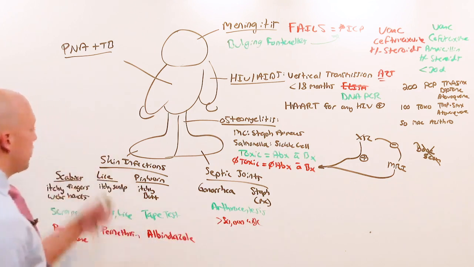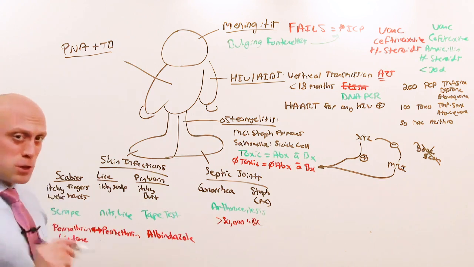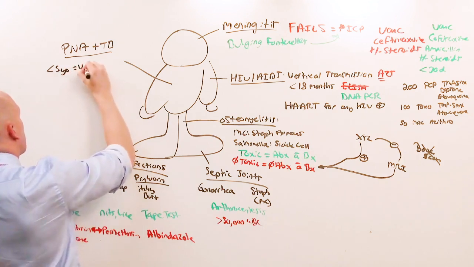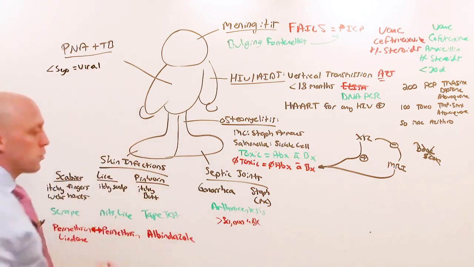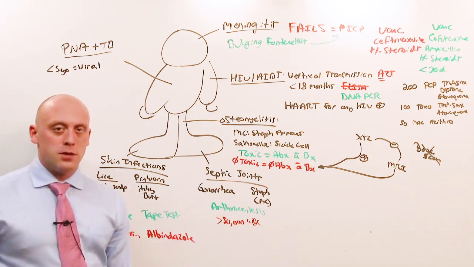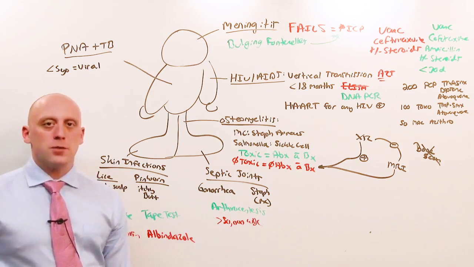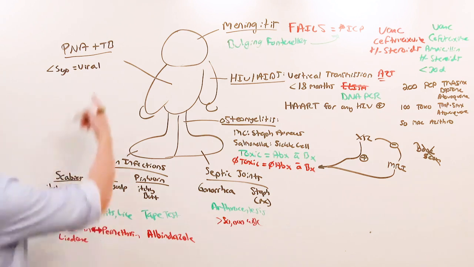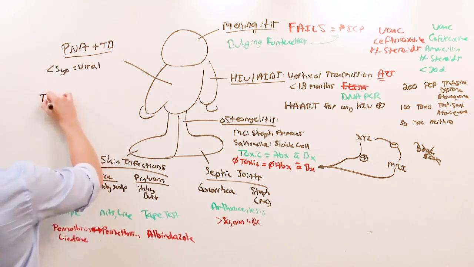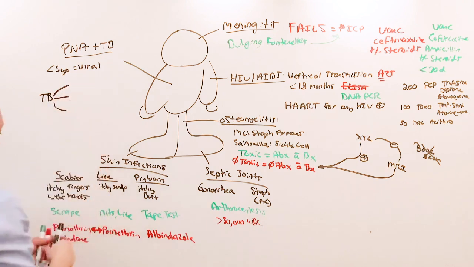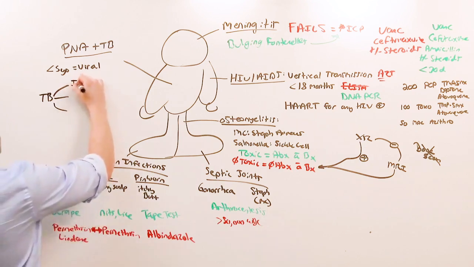And lastly is pneumonia and TB. Most pneumonias in children less than 5 years old are probably going to be viral, but otherwise they're identically the same. Fever, cough, consolidation, ceftriaxone, and azithromycin for community-acquired pneumonias. What I want you to really pay attention to is TB, though. The first thing you should do is ignore the BCG.